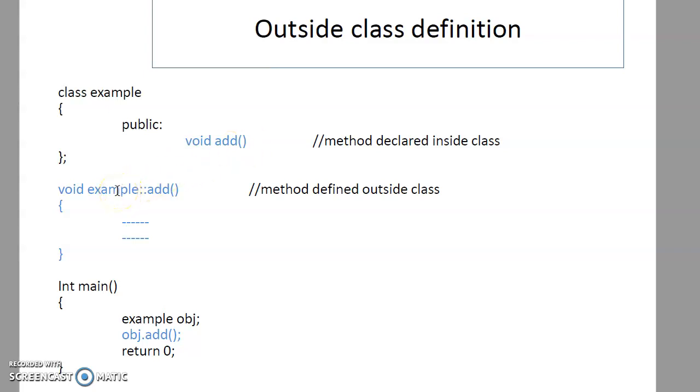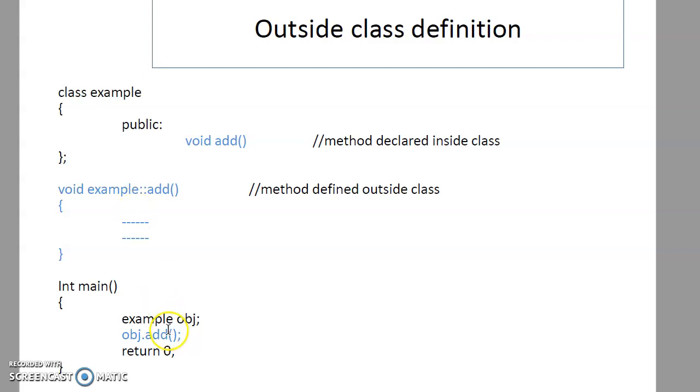It is defined outside the class as void example, scope resolution operator, method name add, opening curly brackets, closing curly brackets, and within that the code of the method add. The add is part of the class example, but the code of the add method has been given outside the class, so it is called an outside class definition.